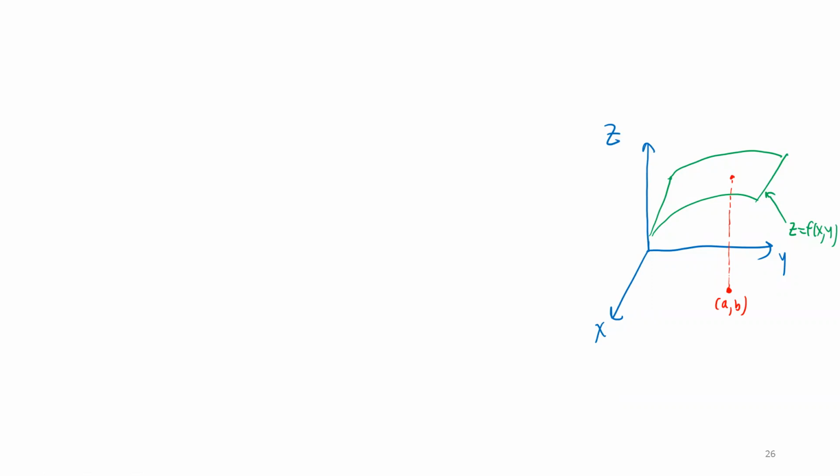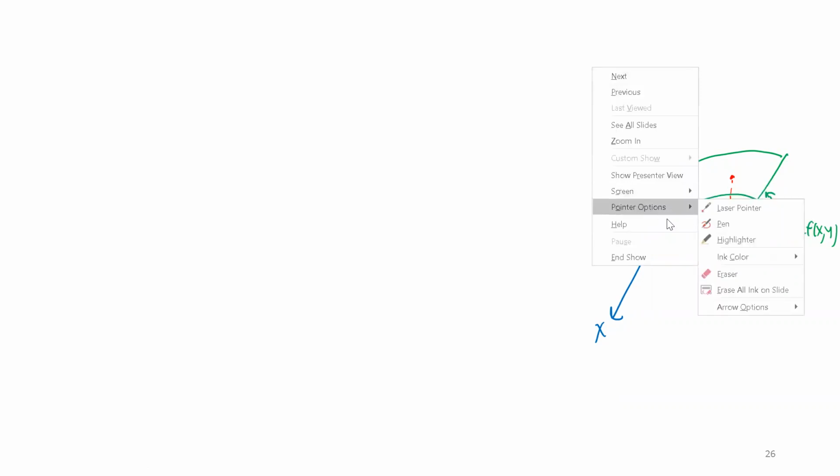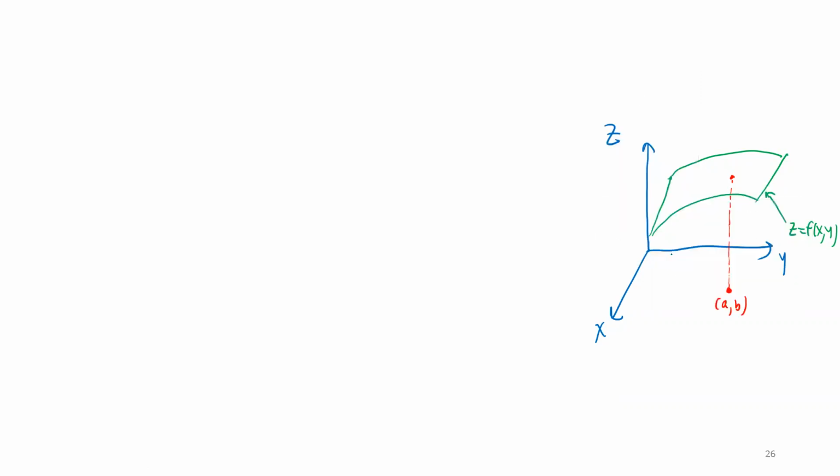Remember, in the one variable function case, if I have a function, the first order Taylor polynomial is a tangent line.